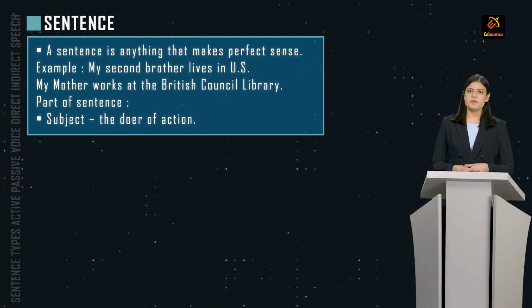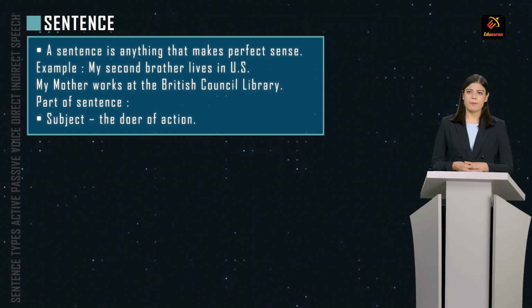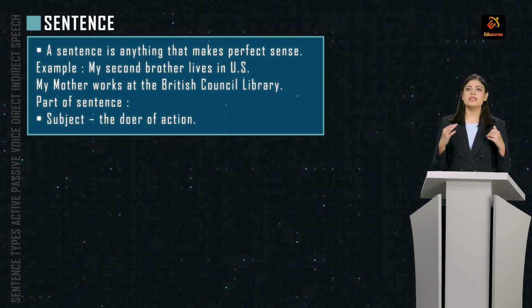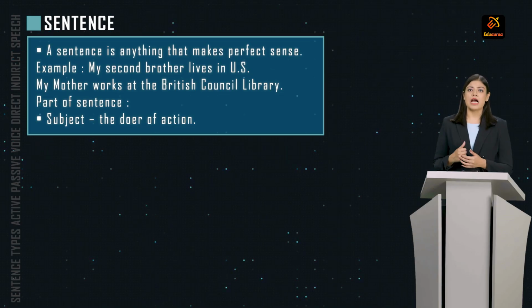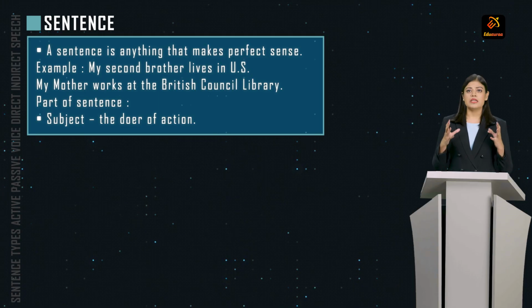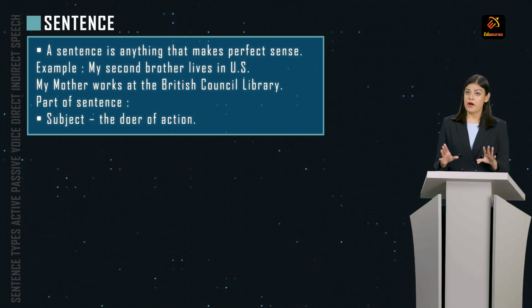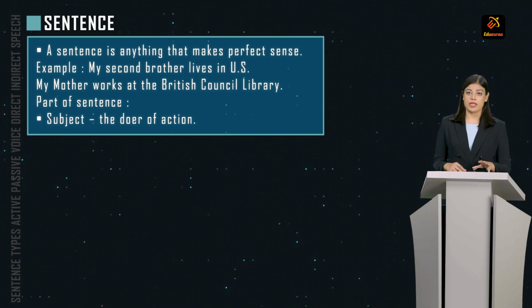Now you're going to ask me, how can a non-living thing perform an action? So let's take an example. The clouds crashed very loudly in the sky. Now what's happening here? The clouds are the subject. They're non-living. You can't look up at the clouds and start having a conversation with them.